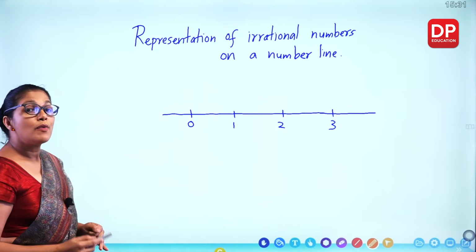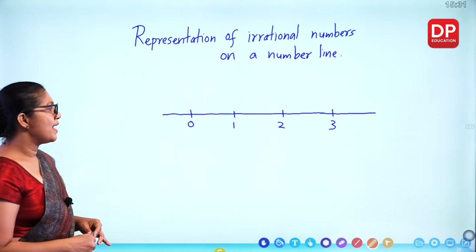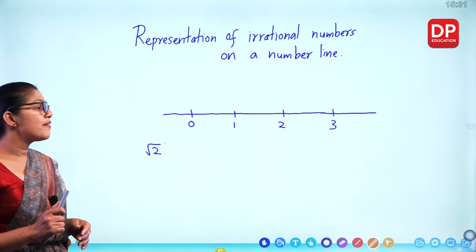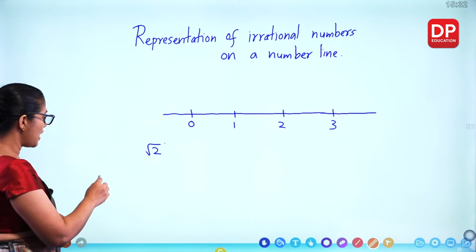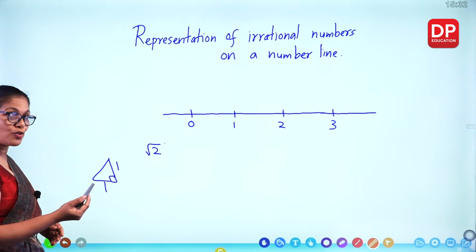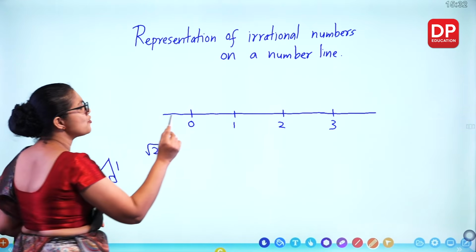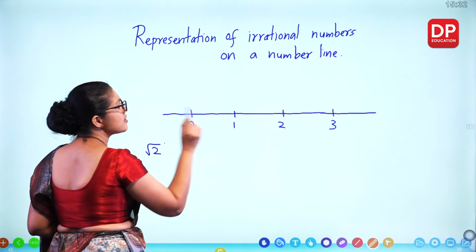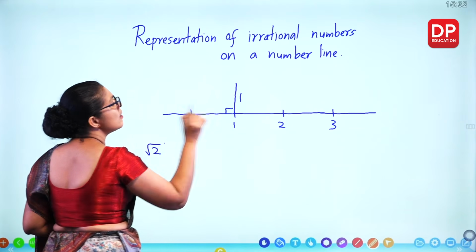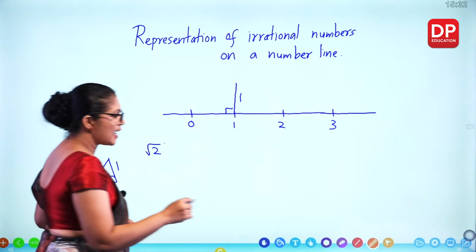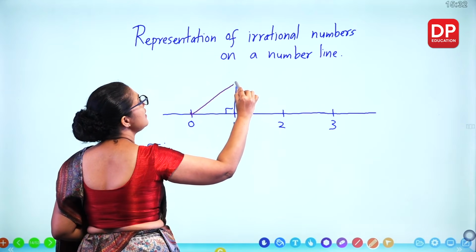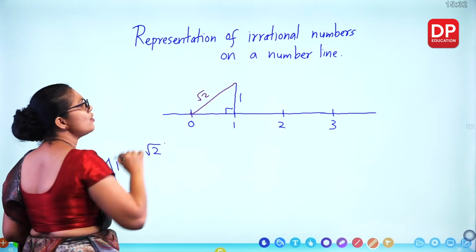And here we now want the root 2 value. According to the root spiral of Theodorus, when you take a right angle triangle with one length, you get root 2. So we use that method. I am now constructing a right angle triangle with one length here, one length there. I get a triangle with this length equal to root 2.